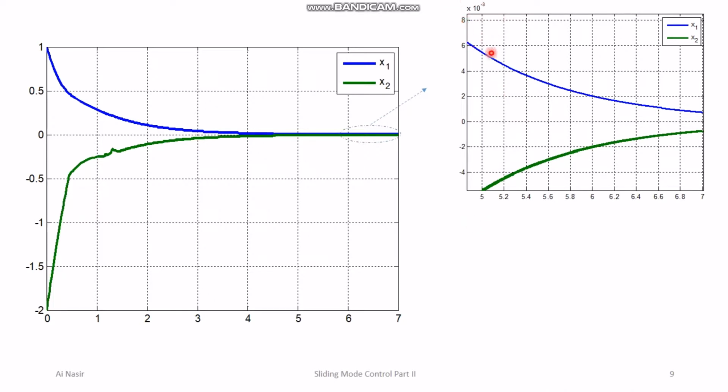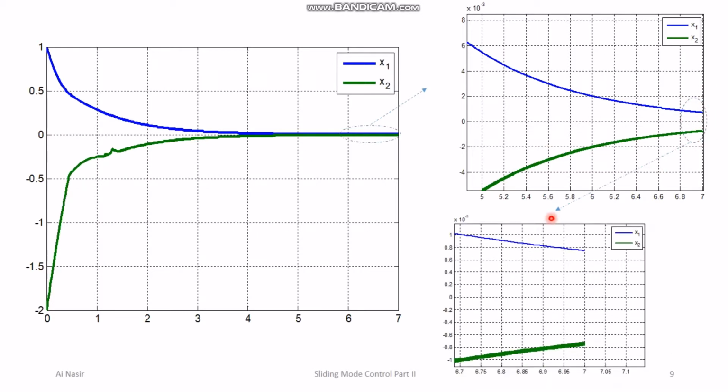This is a very small error, but there is still some error after 7 seconds, which looks like it will go away, but if we further zoom in on this part, then as I said earlier, there is some chattering in the x2 state.